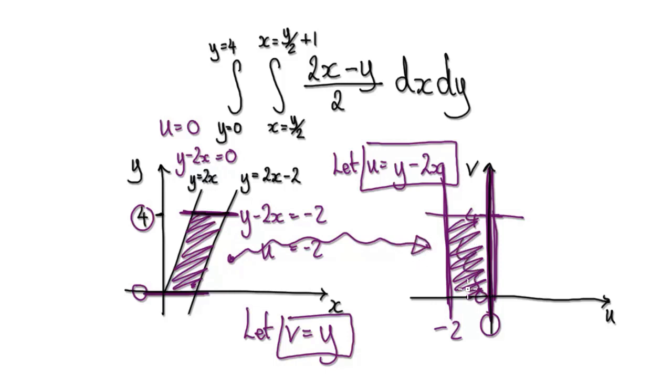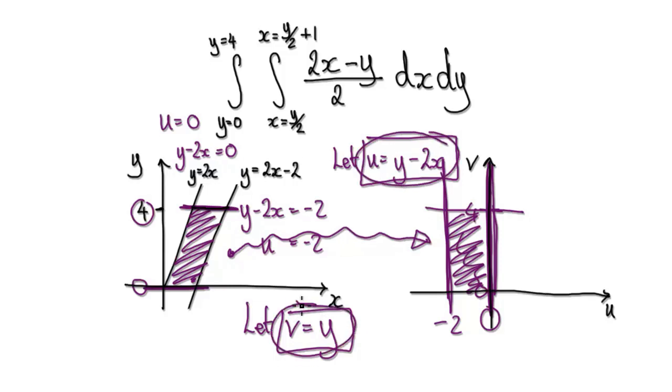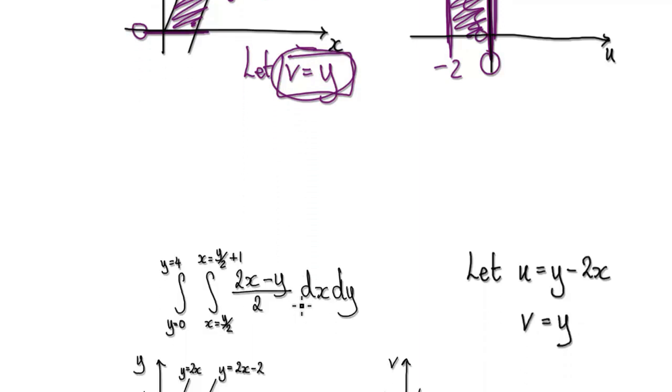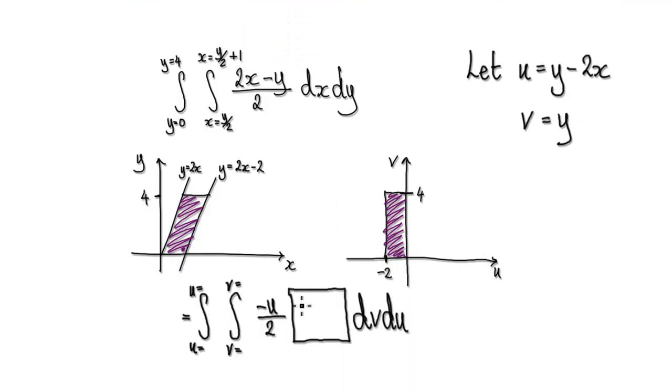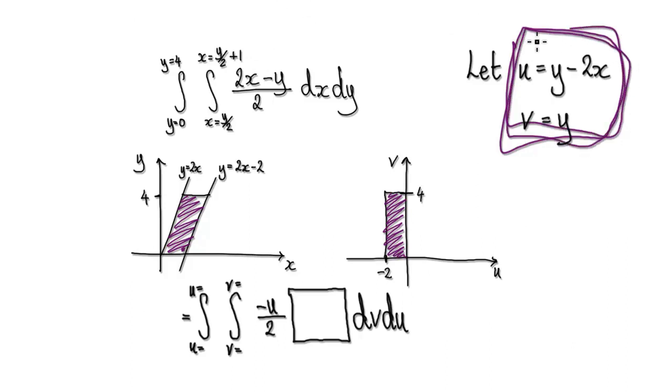Okay, so our next task is to let u equal this and let v equal this. So we are currently here. When you make the change of variables here, this region will become this region here.